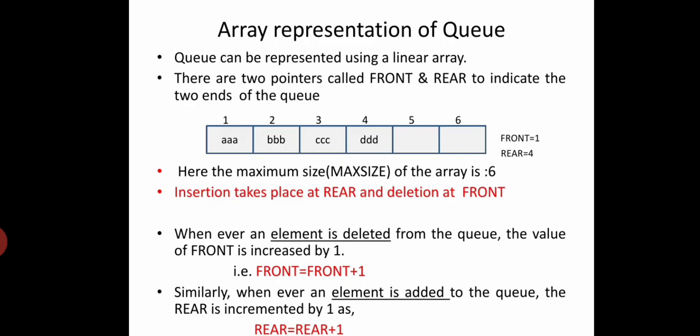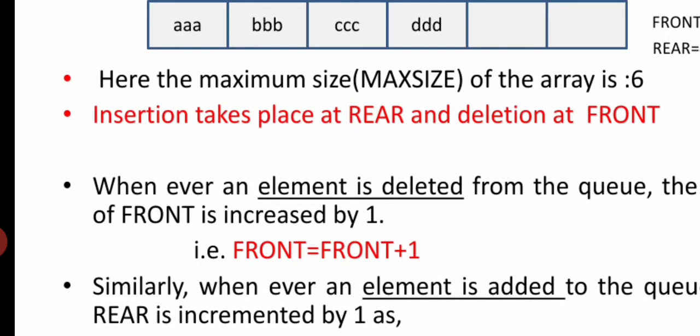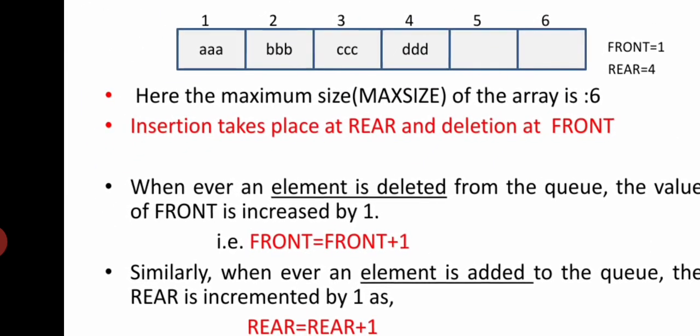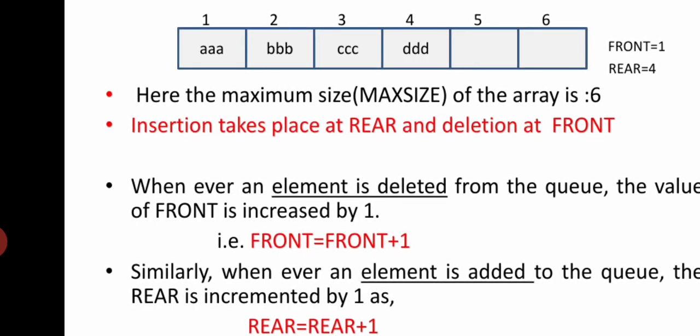Whenever an element is deleted from the queue, the value of front is increased by 1. We all know that deletion takes place at the front end. If we are going to delete the element AAA, the front is pointing at 1. Front equals 1 here.